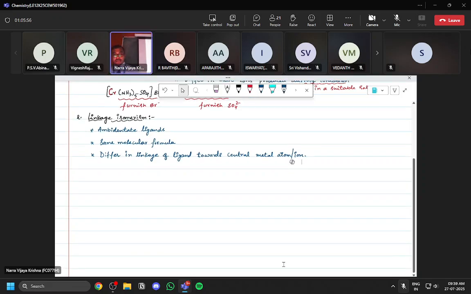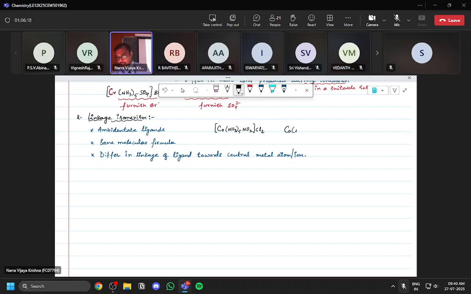Now see this example. I have already taken the chromium complex. Cobalt, the same example given in your target booklet. Cobalt, NH3 5 times, NO2, Cl2.